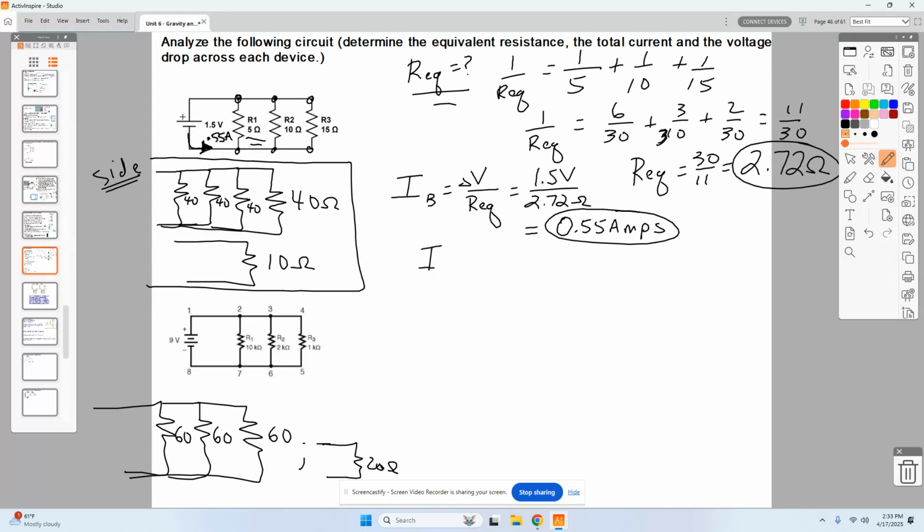I flowing through 1 would be equal to delta V over R1. 1.5 volts, that's 5 ohms. I'm getting about 0.3 amperes through that one.